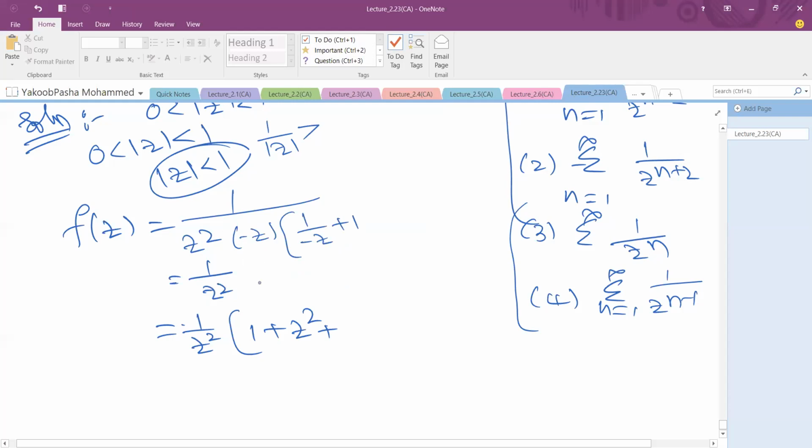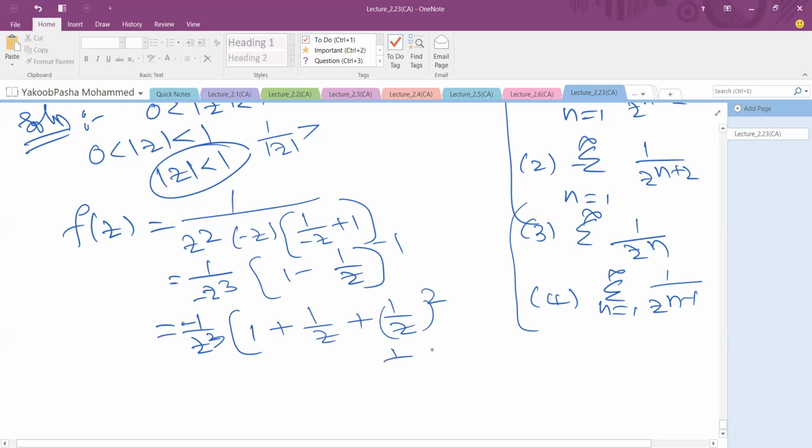Here 1 minus 1 by z whole to the power of minus 1. Here minus 1 by z cube. What are the terms here? 1 plus 1 by z, 1 by z whole square plus and so on.